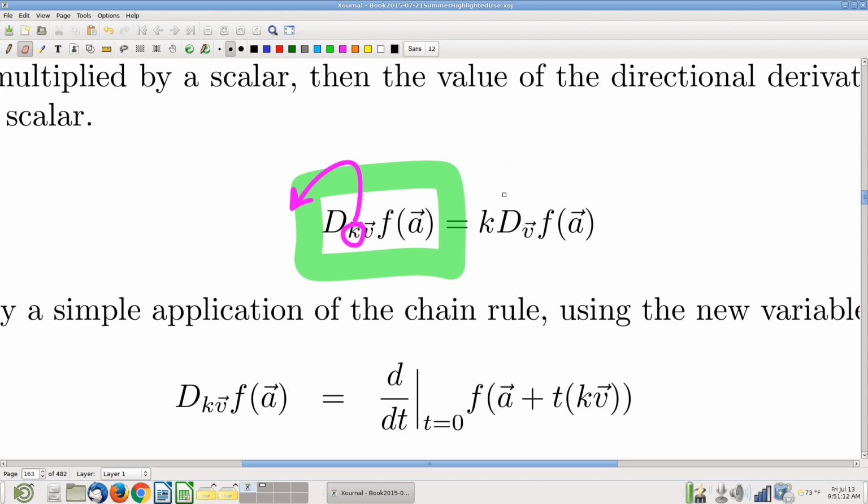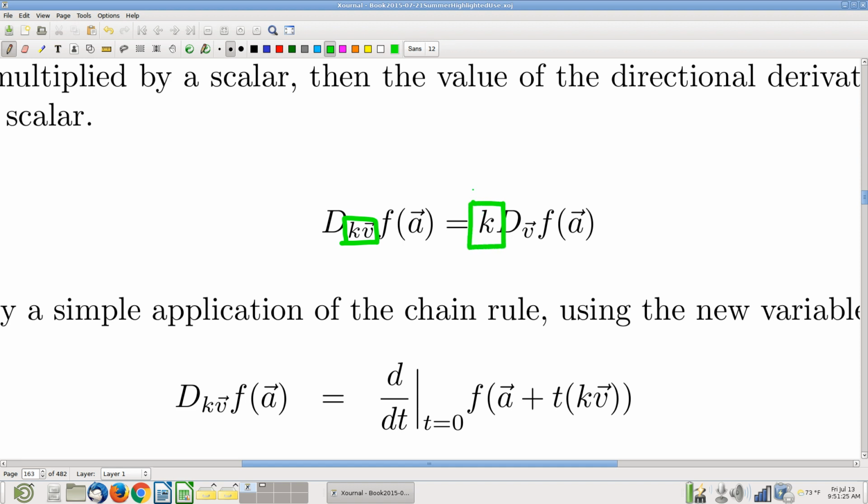Or said differently, if you are moving k times as fast through the domain, I hope it comes as no surprise that your image will be moving k times as fast through the target. Right? It's pretty plausible when you say it like that.